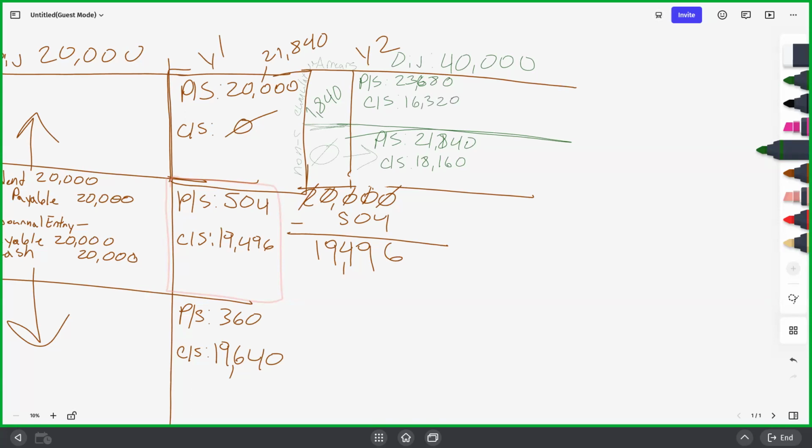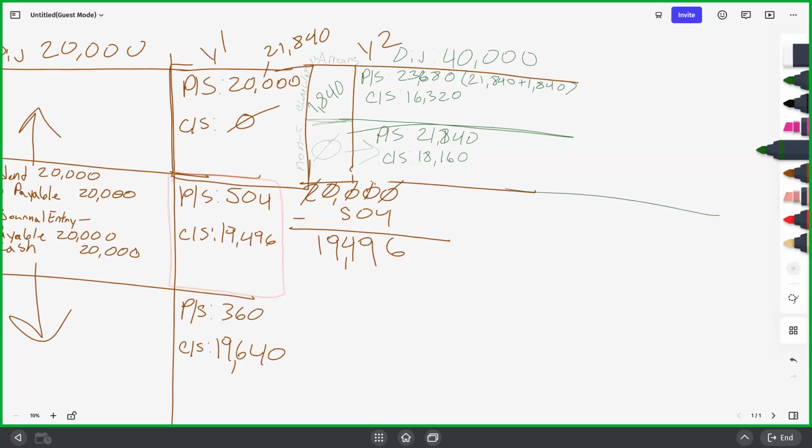The big difference here, how we got this was 21,840 plus 1,840. That's how we got that 23,680.